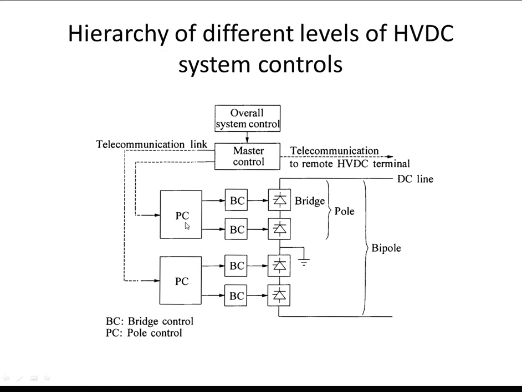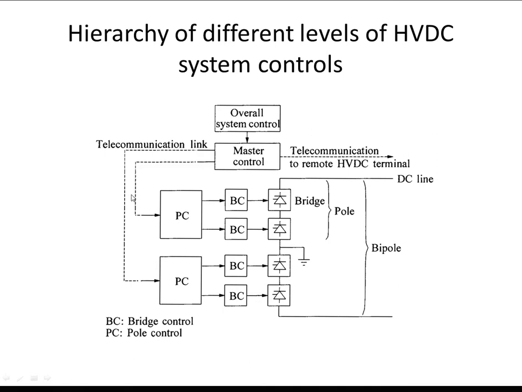This also includes the coordination of startup, deblocking and balancing of the bridge controls. By the pole control actions we can start this bridge, deblock this bridge, as well as provide balancing of the bridge controls.